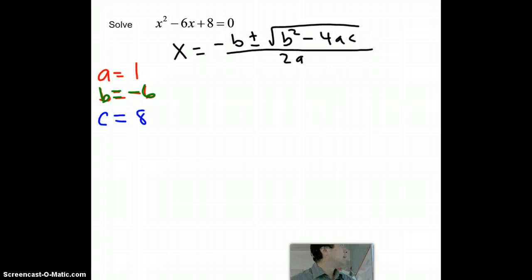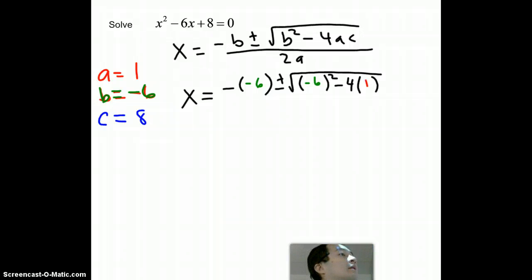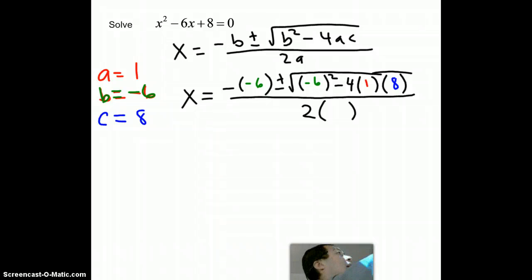Plug it in. x equals negative b, so instead of b I put negative 6, plus or minus the square root of b squared, which is negative 6 squared, minus 4 times a, a is 1, times c, c is 8, all divided by 2 times a, a is again 1.